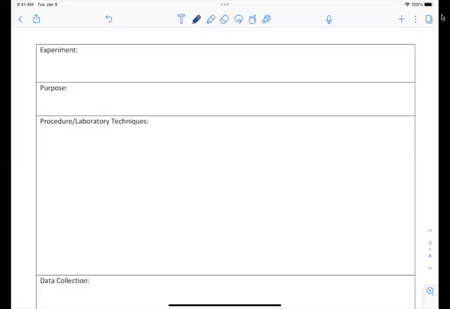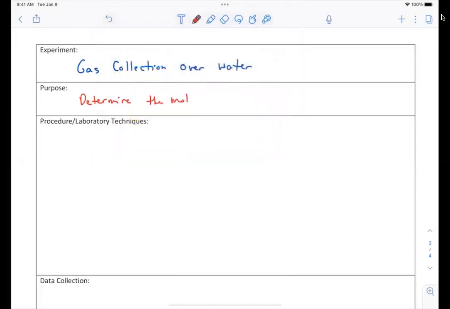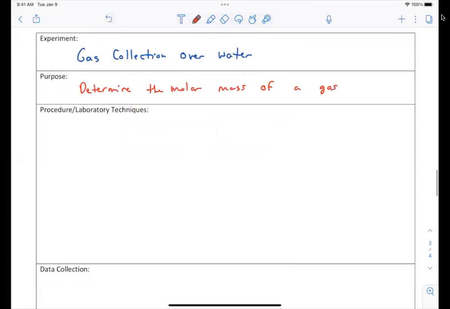Okay, so this is the third experiment called gas collection over water. Generally, the purpose of this is to determine the molar mass of a gas.